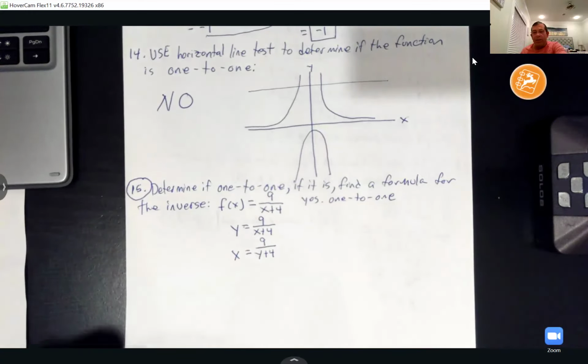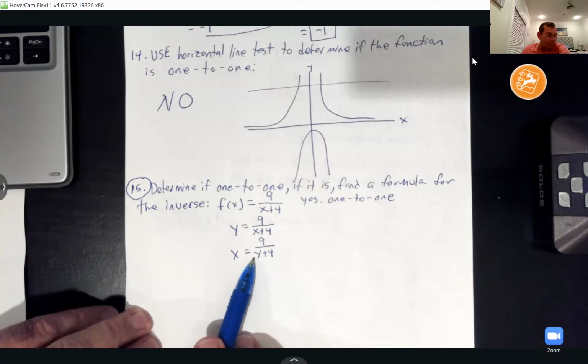Now, y'all, it's just a matter of solving it for the y. I'm going to do it the way I did it when we did it on homework, but there's more than one way you can solve this for the y, okay?